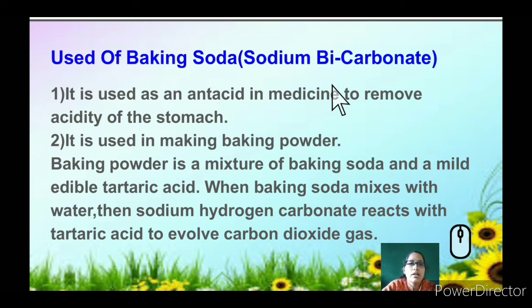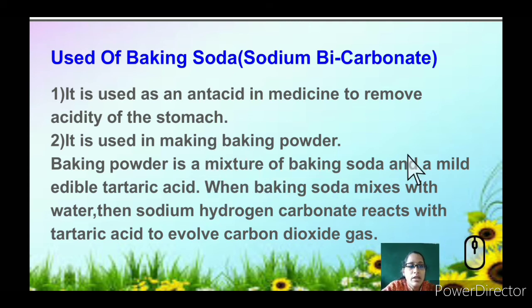So let's understand where baking soda or sodium bicarbonate is used. It is used as an antacid in medicine, for example ENO. It is used in baking powder, cake making, etc. How is baking powder formed?